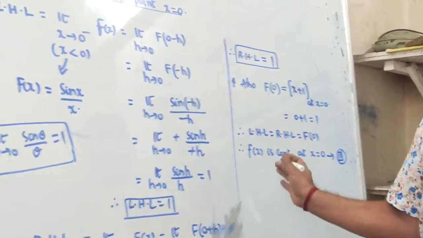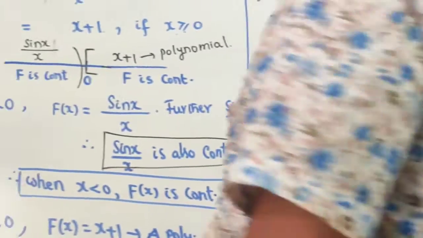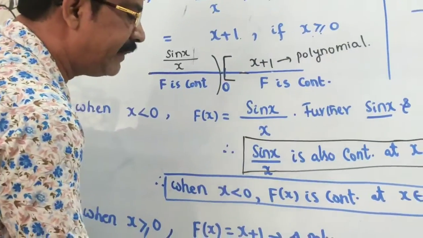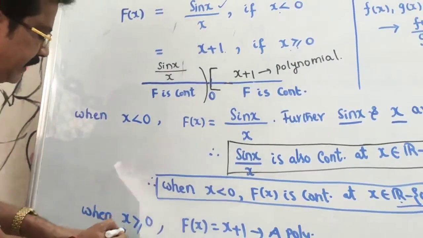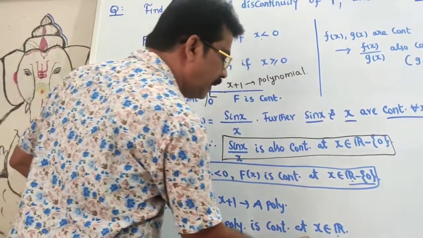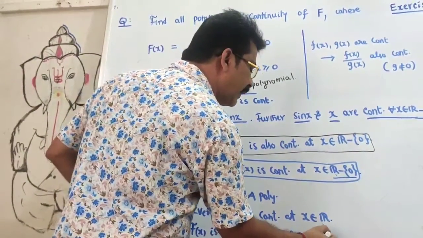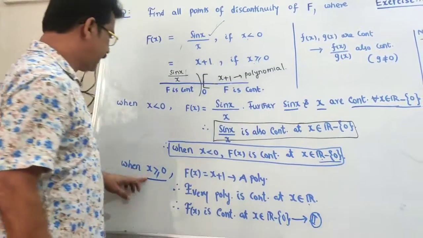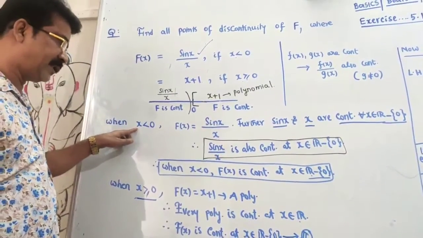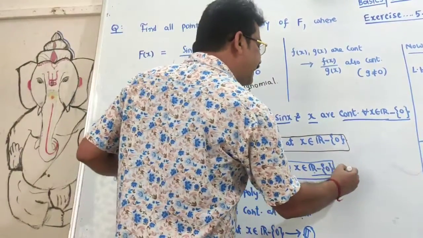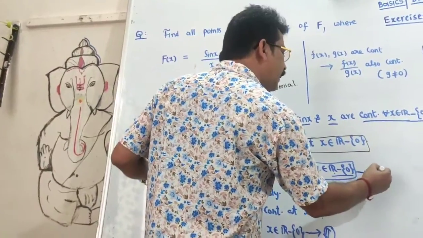Next, capital F of x is continuous when x is greater than or equal to 0. Let it be Roman number 2. In the case of x less than 0, let it be Roman number 1.